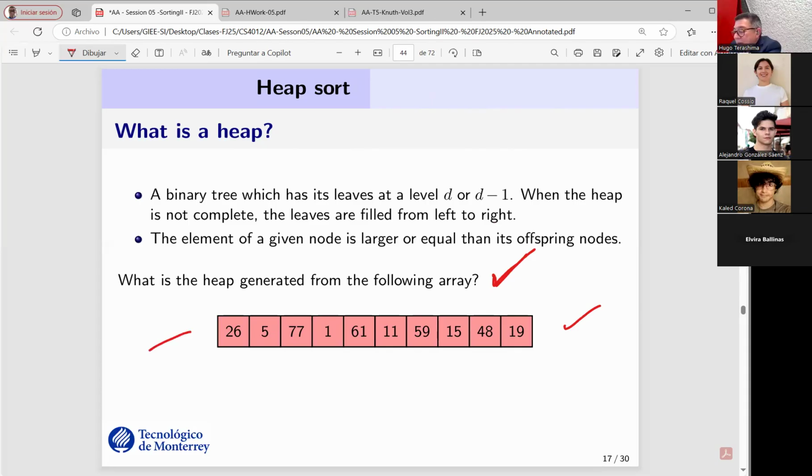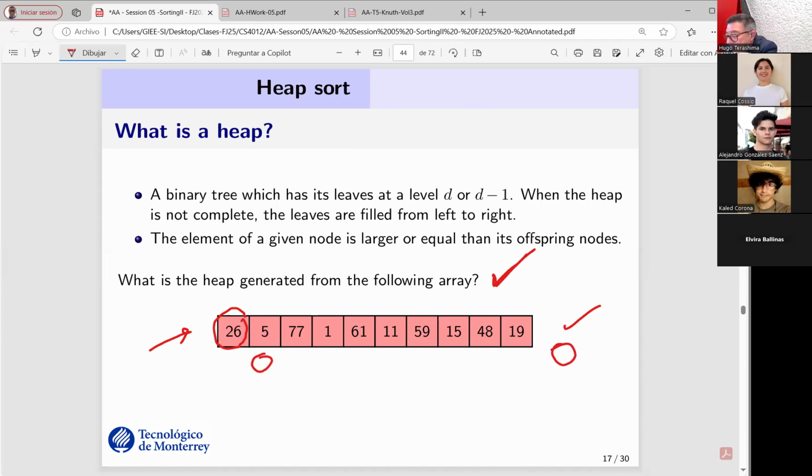So is this array sorted already? No. Okay, so we are going to construct the heap at the beginning. This element is going to be at the root.